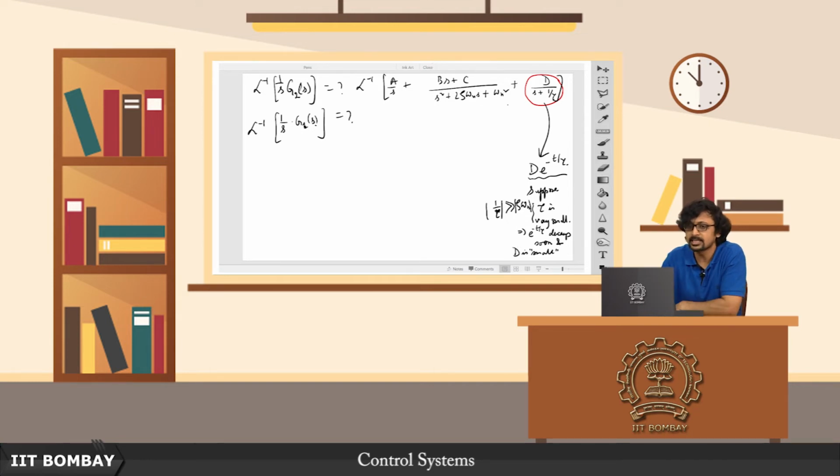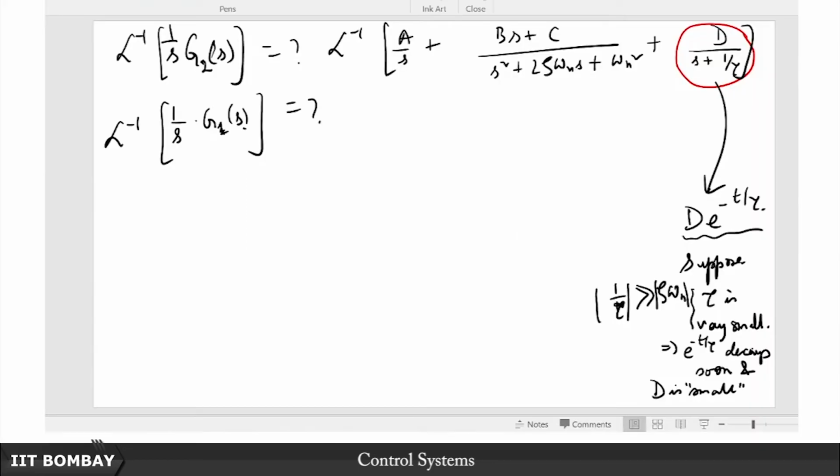Even if this mode hadn't decayed very fast, it is only going to contribute very little to the overall weighted response of this system, isn't it? So there are two benefits. If your additional pole is far to the left half, you can safely ignore it. So that is the thumb rule.